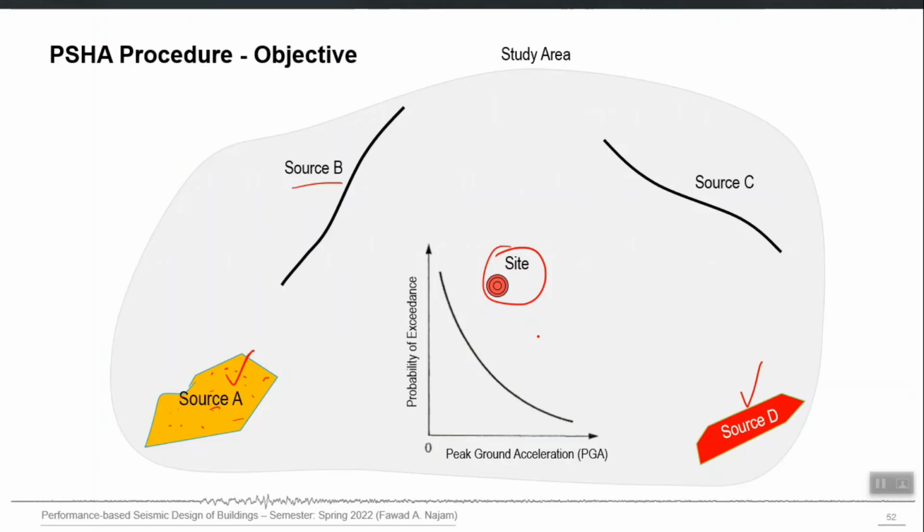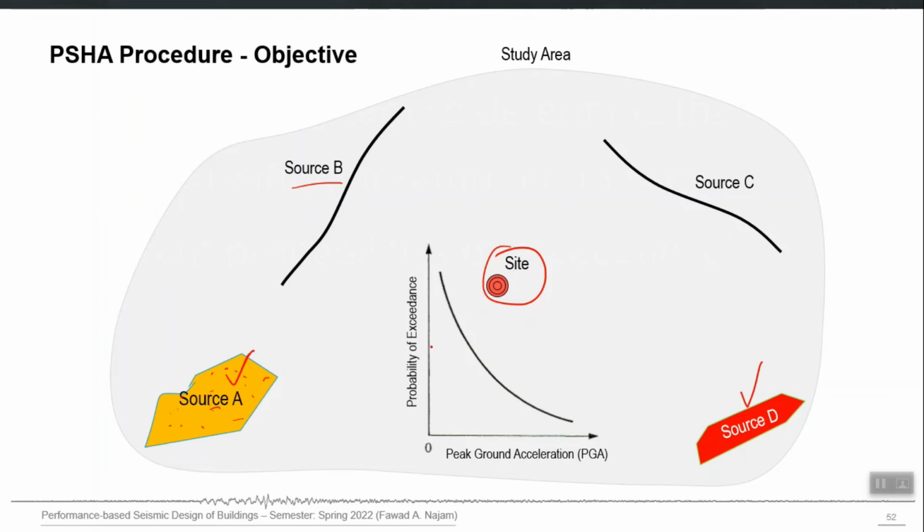DSHA doesn't allow you to know the probability of exceedance associated with the PGA number. So it may not be possible to get a number for different return periods, right, using DSHA.